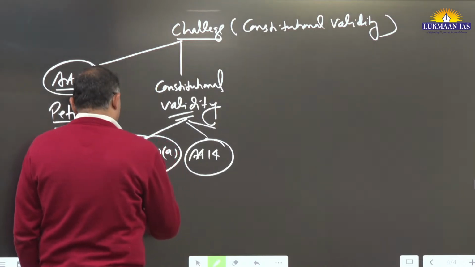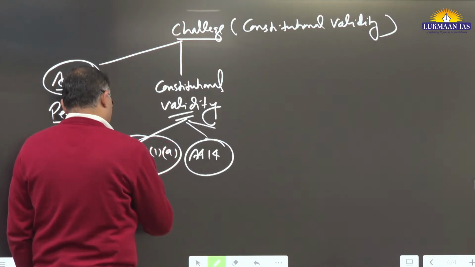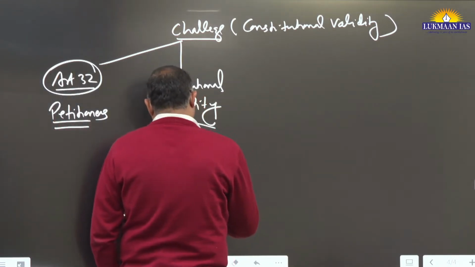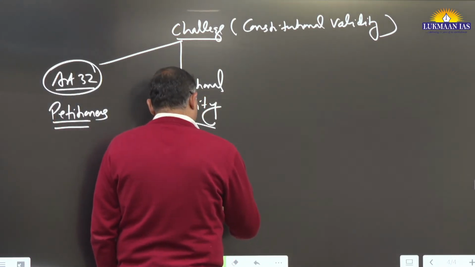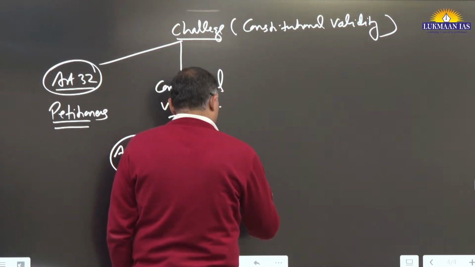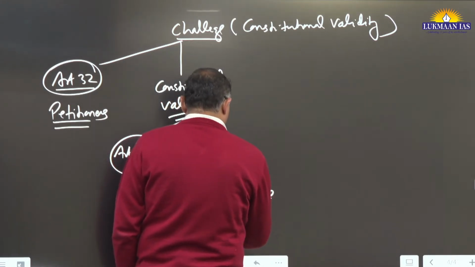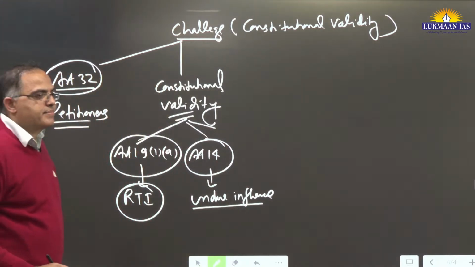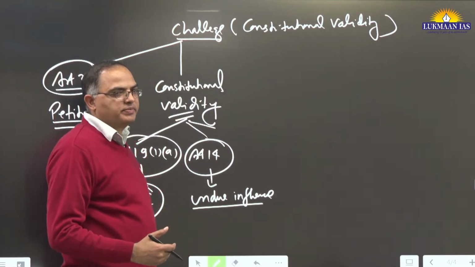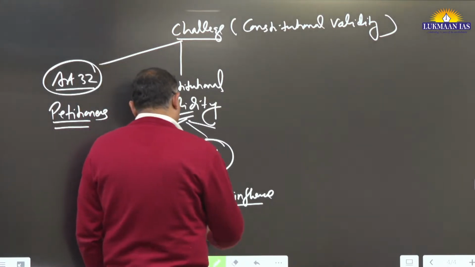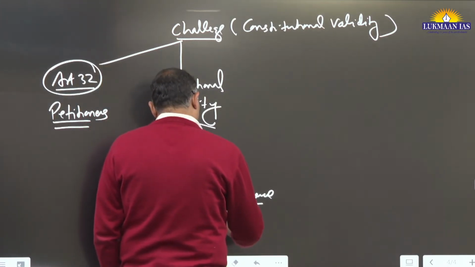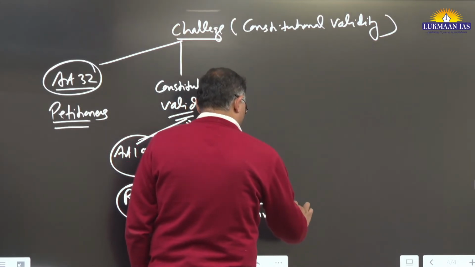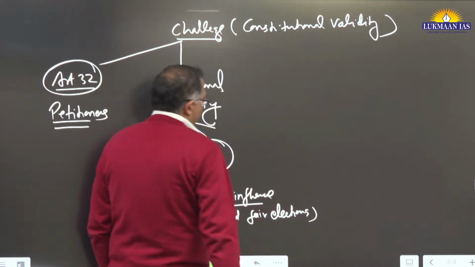Basically, they bring in RTI. It is related to undue influence. Undue corporate influence basically means it affects free and fair elections.